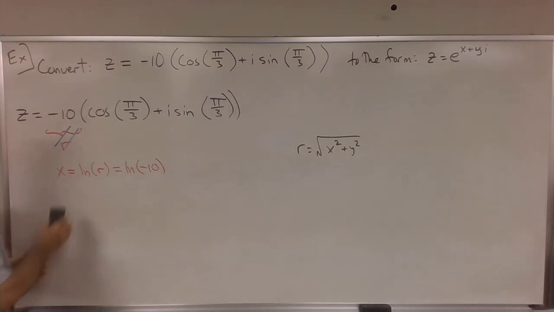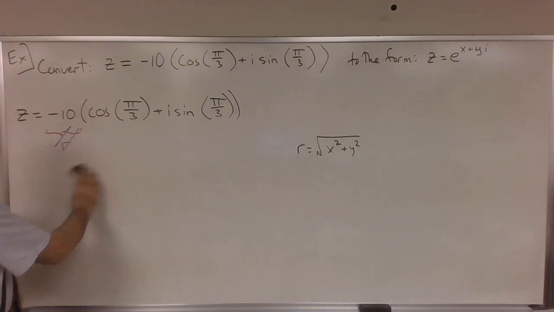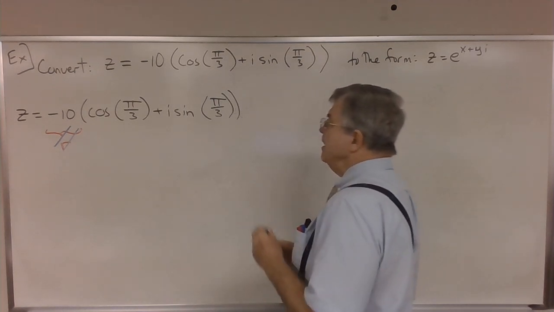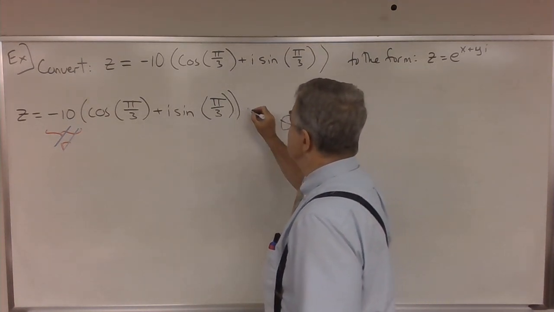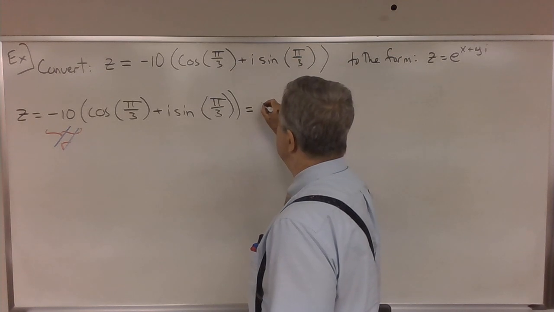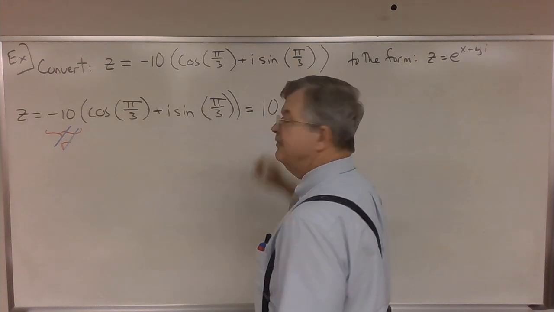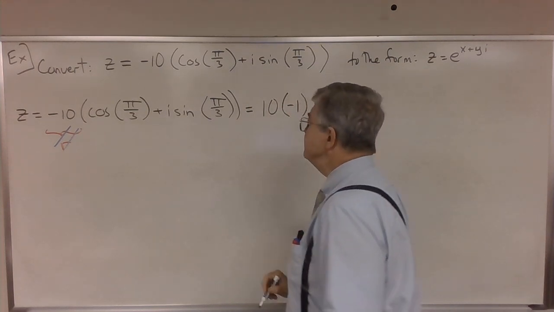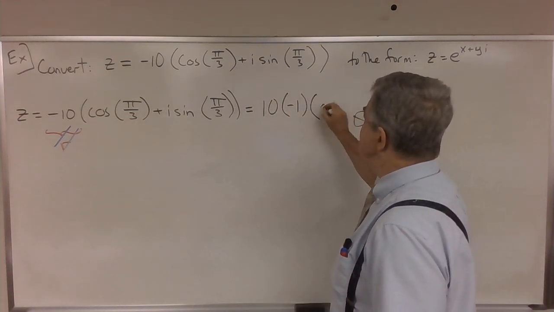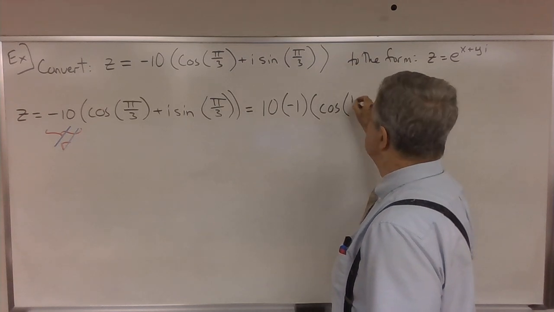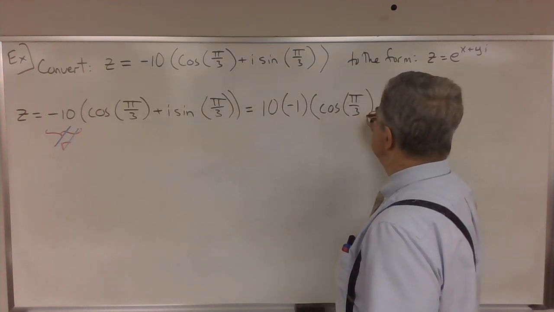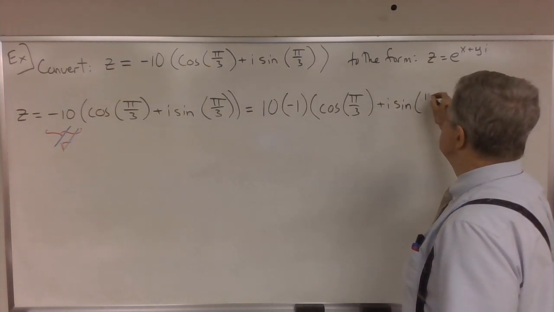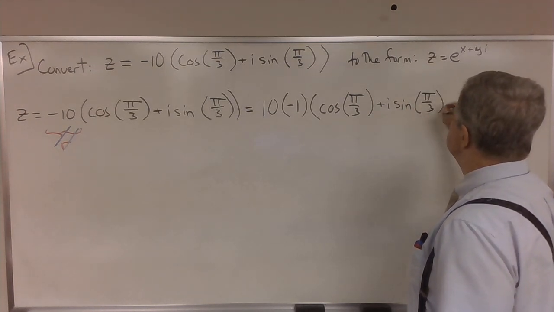I want my r to be a positive real number. So here's what I'm going to do. I'm going to write this as positive 10 times negative 1 times the cosine of pi over 3 plus i sine pi over 3.